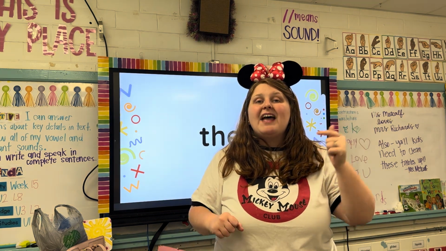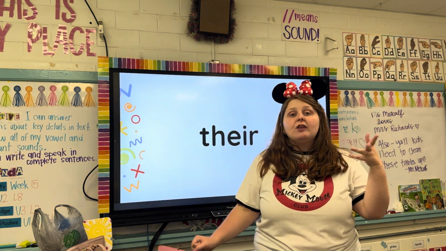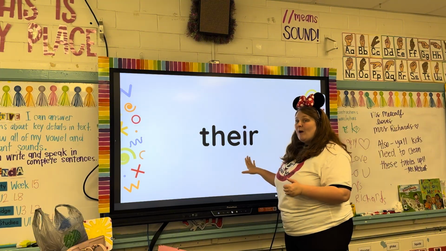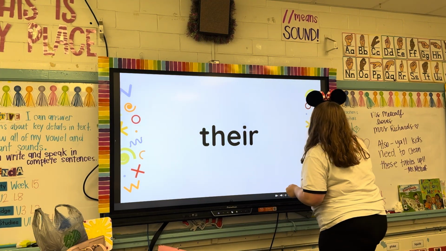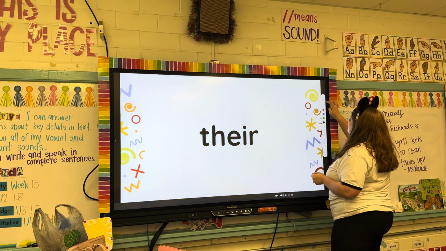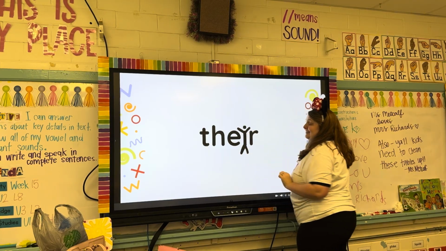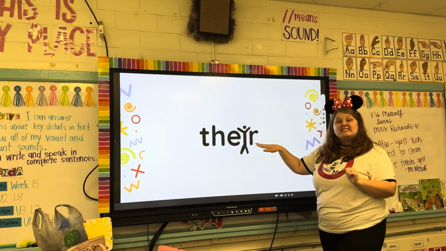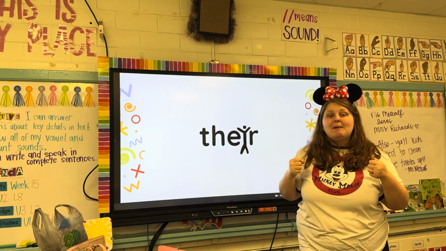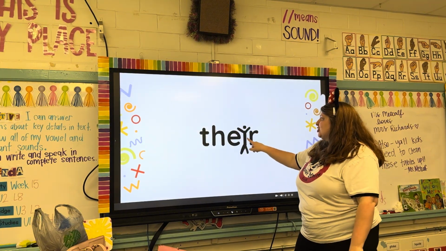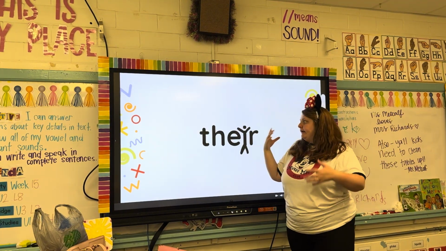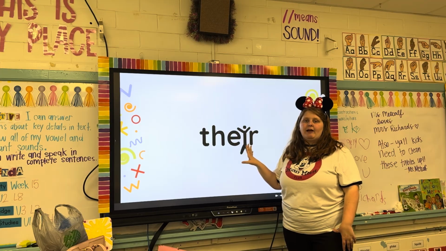That is their classroom, their car, their school bus. The way that I remember this word is I make a person. I remember that this is the there that's talking about somebody's stuff because there's an I in it and it looks like a person. You can make a stick figure out of it.